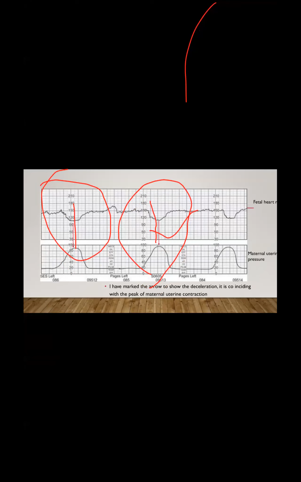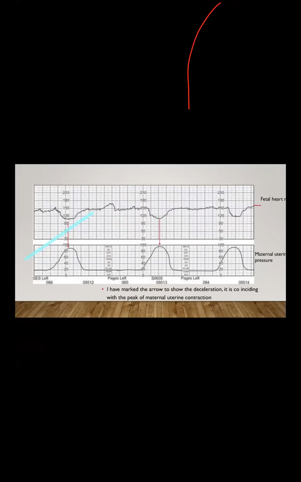So if I say sinus rhythm in ECG, these are the early decelerations, reassuring the mother.